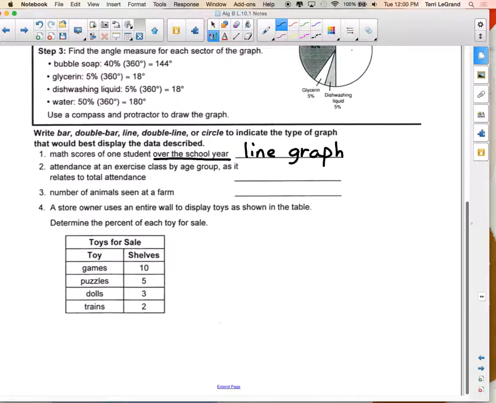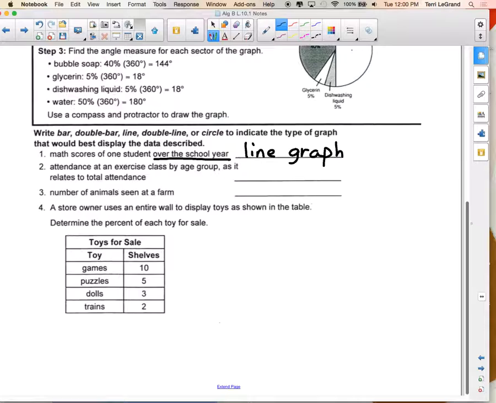Okay, number 2. Attendance at an exercise class by age group as it relates to total attendance. Double bar graph. Okay, well, what would be getting compared if we have a double bar?